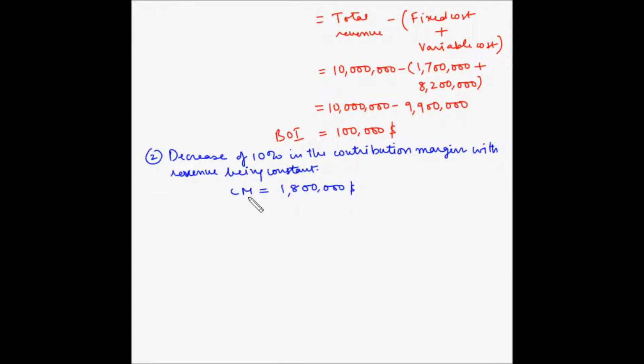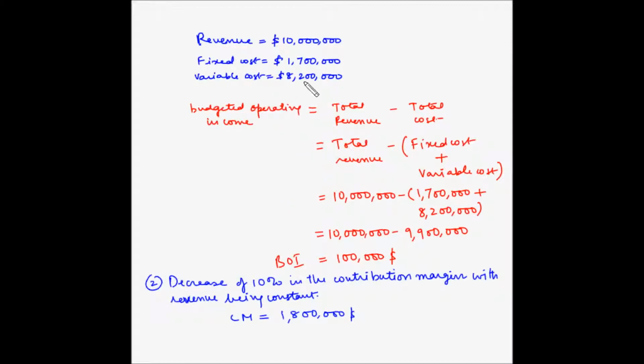So basically what we had done is contribution margin is equal to revenue minus the variable cost, and we had taken revenue as 10 million and variable cost as 8.2 million, and 10 million minus 8.2 million was 1.8 million dollars. So now we have to find out that if there is a 10% decrease in this contribution margin, how do any of these three get impacted? And of course revenue is constant, so this will not get impacted.